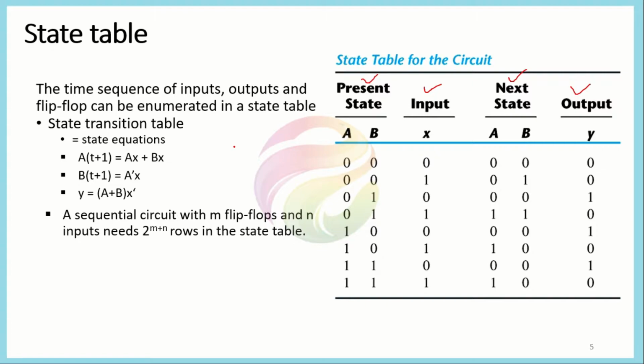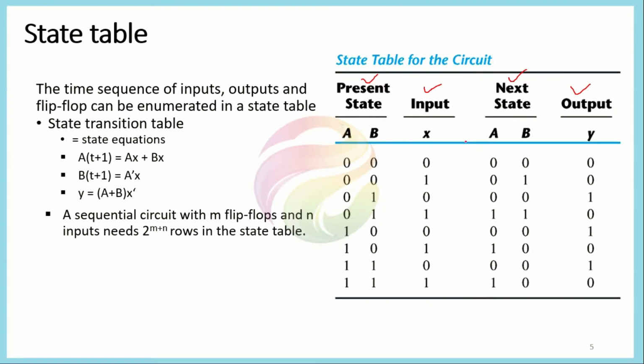Because in this system we have two flip-flops involved, both of them are representing a single state. So if we have a combination of two, then we could write four possible combinations for each state. It means that we could have either A or B value equal to 00, 01, 10 and 11.